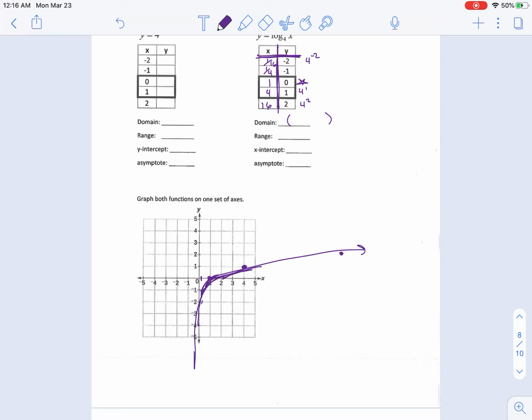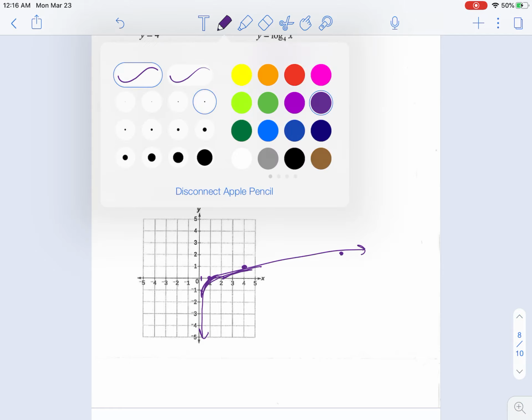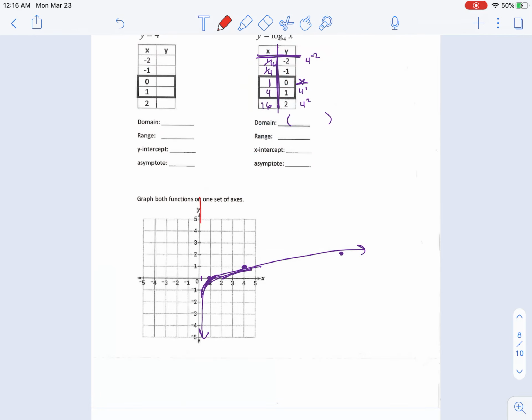And don't forget that this never crosses that line. So I always create an asymptote right here on that axis. Even though that axis is the y-axis, it is an asymptote called x equals 0, because my x's never change there, it's my y's that do.